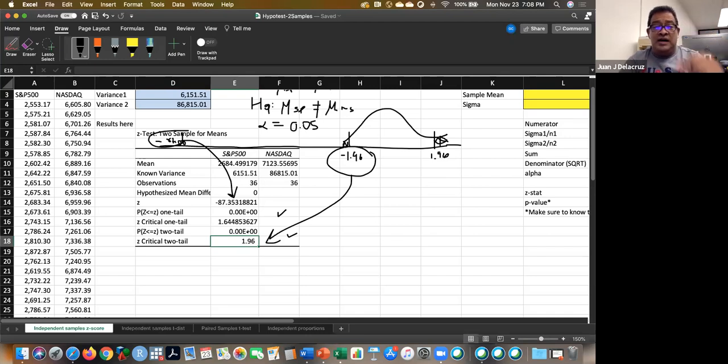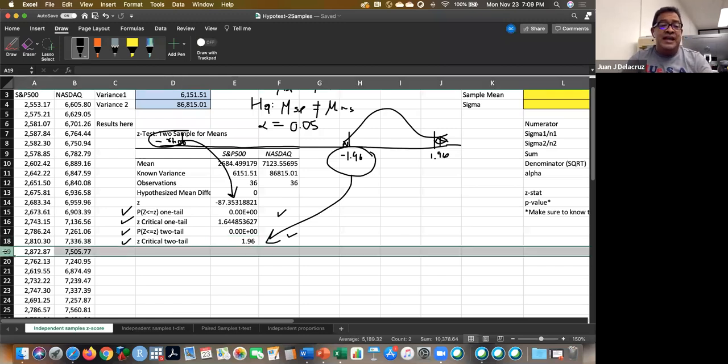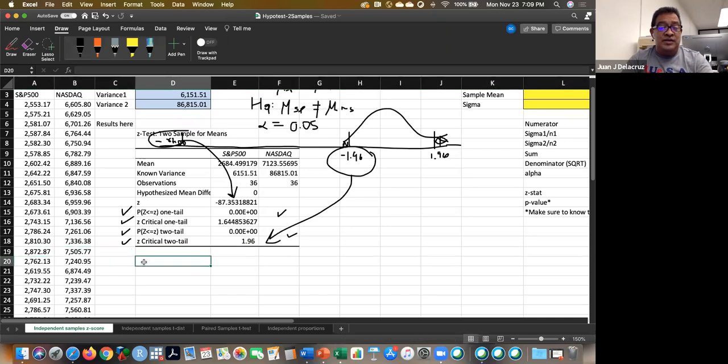Okay, so this is very simple. As you can see, we have a one-tail p-value and one-tail critical value, and we have the results for the two tails, right? We don't have to do almost anything, and the results are here. This is when you have data from one side or the other.